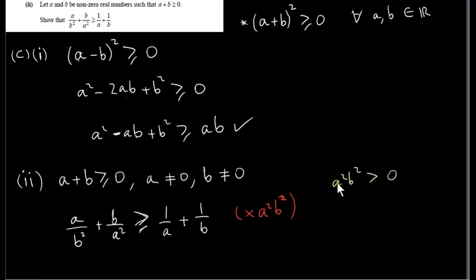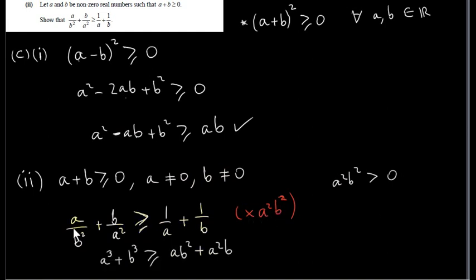It's actually (ab)², and anything squared is positive. Also, it's not equal to 0, because a is not 0 and b is not 0. Another reason that a and b can't be 0 is because then we would have division by 0, and that's not defined, of course.